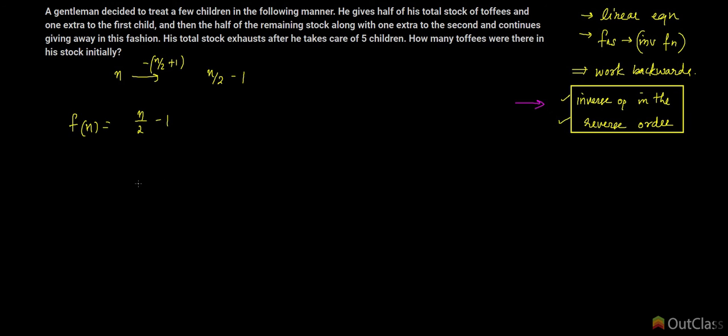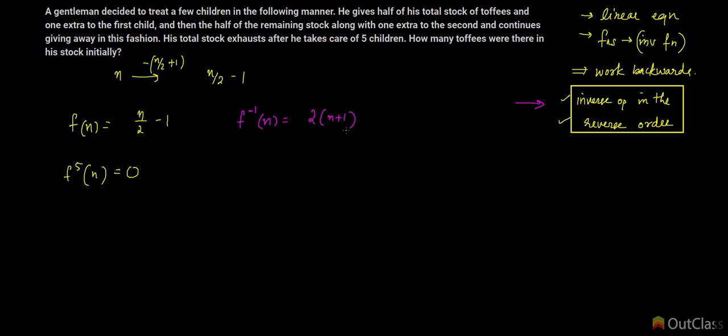And the question is basically saying after 5 interactions, I have exhausted my stock. So it's basically f raised to 5 of n is 0. Now what you need to do is basically the inverse function. Inverse function is, if you calculate it, you will see that it is twice n plus 1.